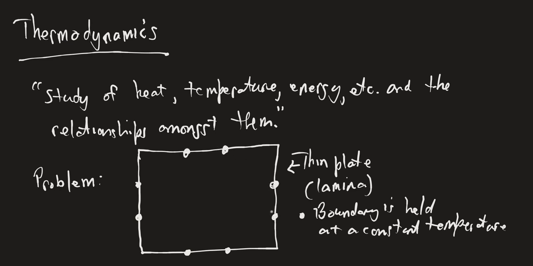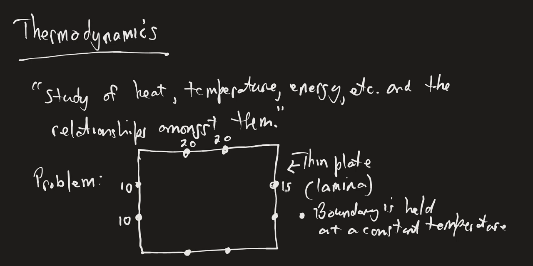right? And so at these points, the temperature will be known. Whatever your scale is, not worry about the scale right now, but let's say your temperature of 10 maybe degrees Celsius is on this side. Here maybe it's 20. You could even have different temps at different points along the same boundary right here.